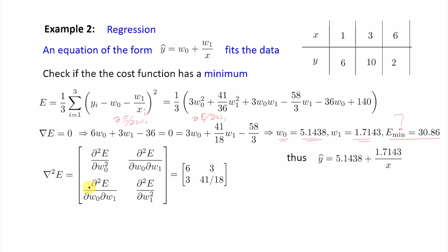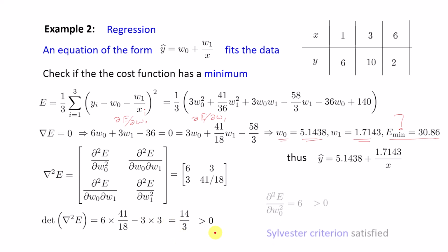For that, we have to check the Hessian. If I take these 4 elements of the Hessian and evaluate from ∂E/∂w0, ∂E/∂w1, then I get this matrix: 6, 3, 3, 41 by 18, which tells us that the determinant will be 6 into 41 by 18 minus 3 into 3, which is 14 by 3, which is positive.